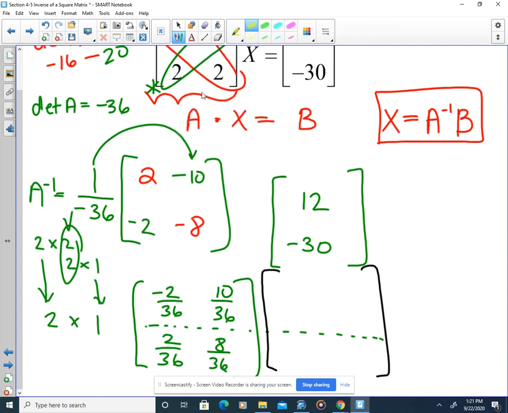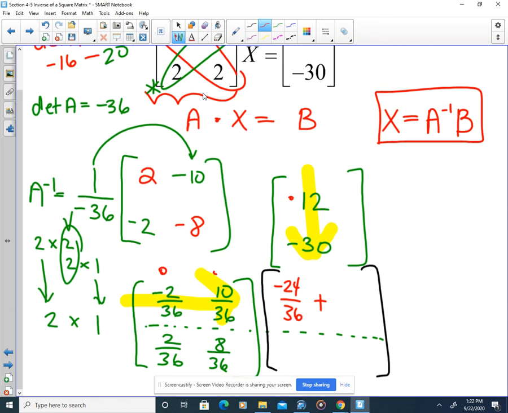So we're going to take this row here times this column here. So the first element times the first element here. Negative 2 times 12 is negative 24 over 36.